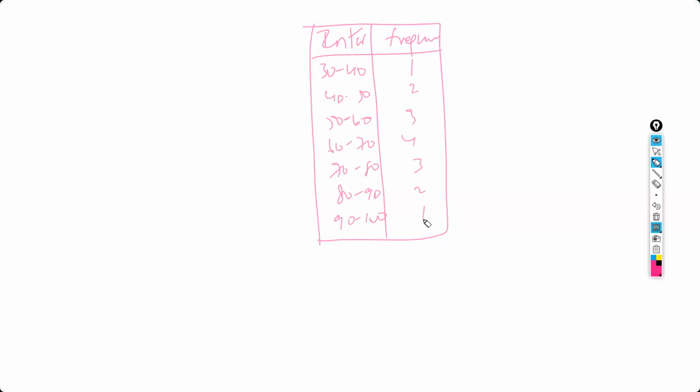Done. The frequency table is completed. Completed, guys. Now, the next concept is called cumulative frequency.